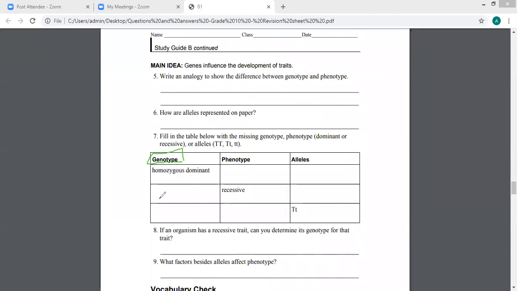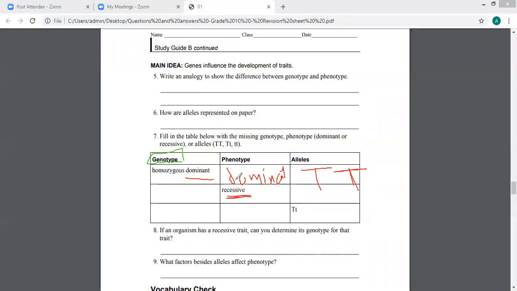For phenotype, they are dominant. The alleles of dominant are T capital, T capital: dominant is capital and homozygous means two similar letters. Second one, recessive.